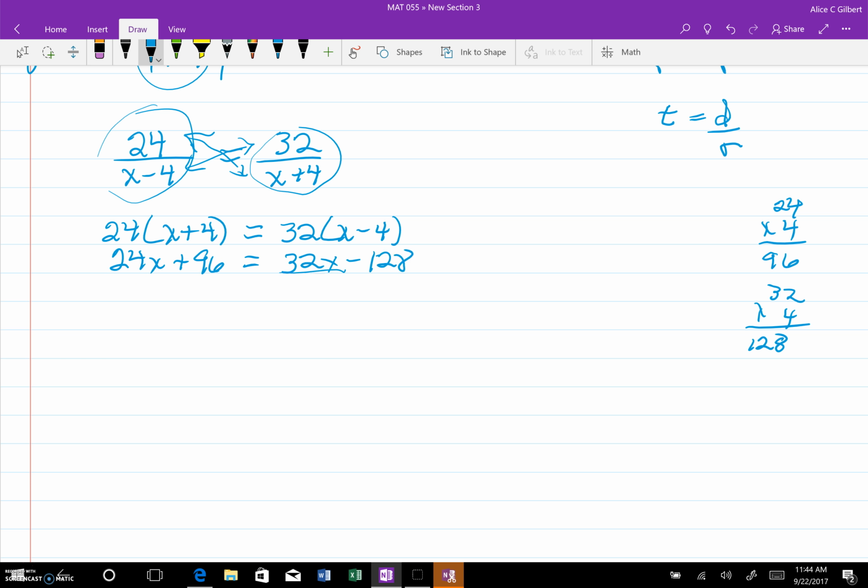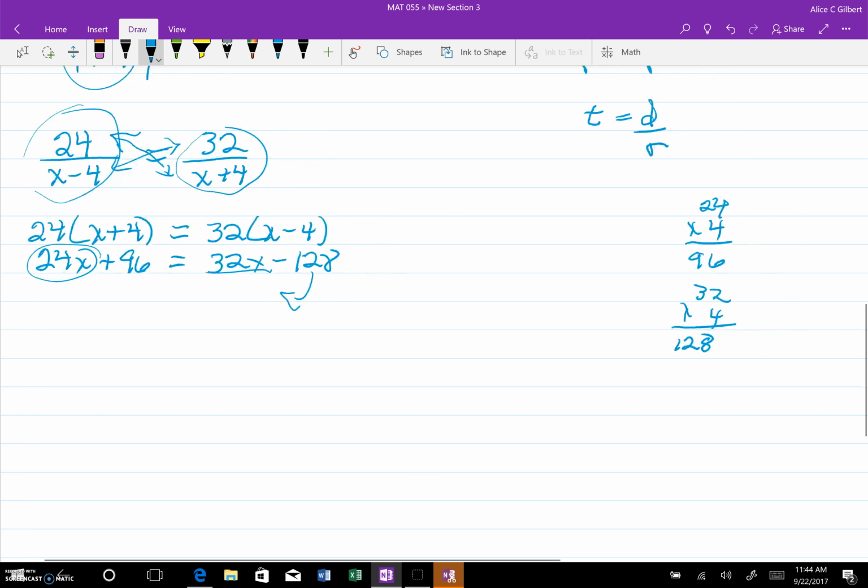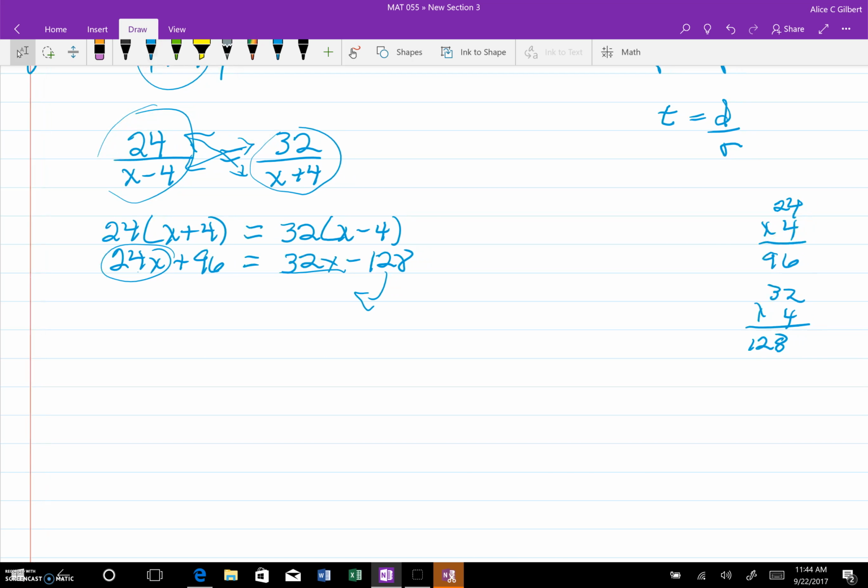This side is bigger, so I want to move this over to the other side, which means this has to go to the other side as well. So I'm going to subtract the 24x here, add the 128 there. So 32 minus 24 is 8x, and 128 plus 96 is 224. Now I just need to divide by 8, and 8 goes into 224 twice, that's 16, that's 64, so that's 28.